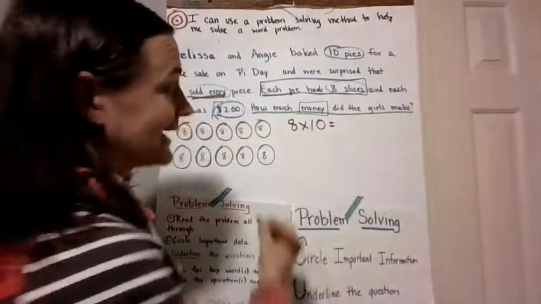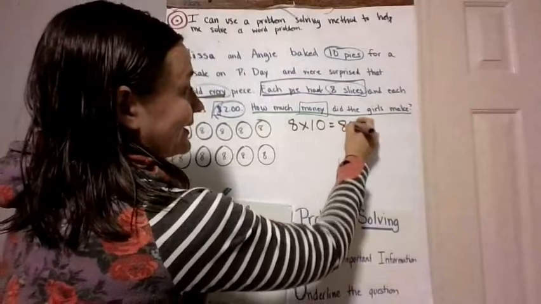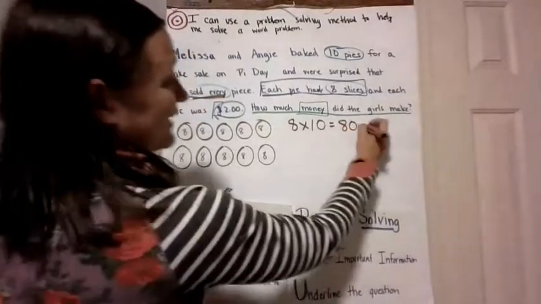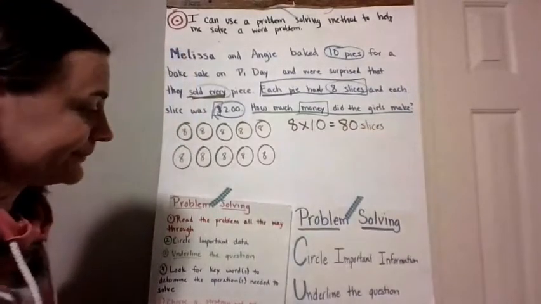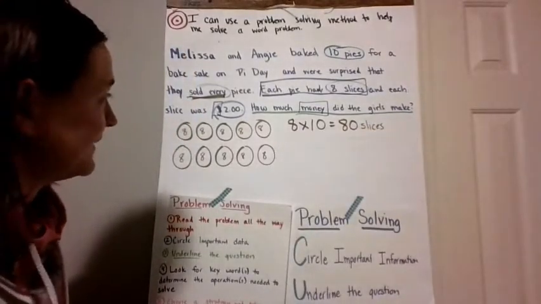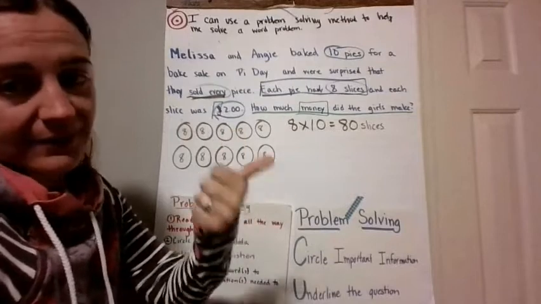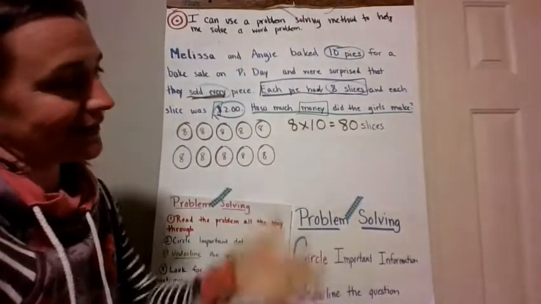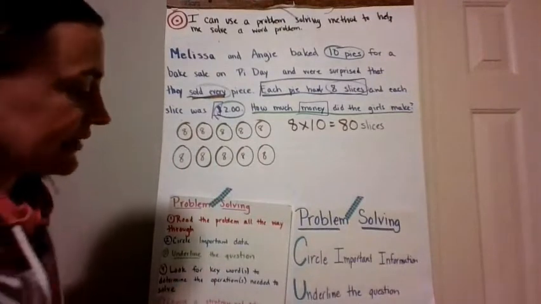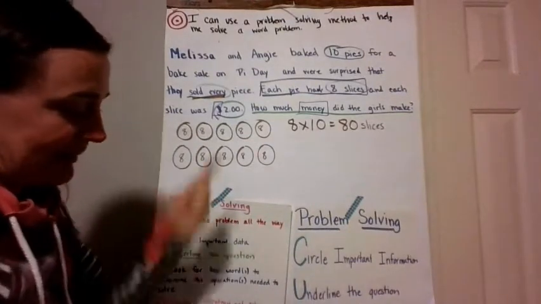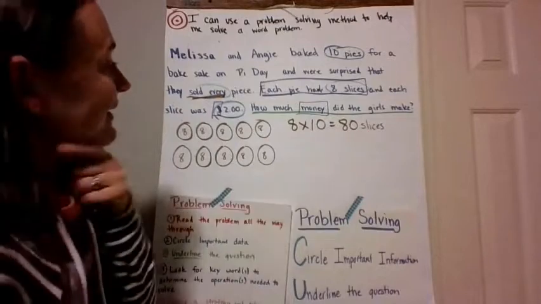And I know my 10, so I know that is 80. So far I know that they made 80 slices of pie. Okay. And I could check that by counting my 10s, 10, 20, 30, 40, 50, 60, 70, 80. 8 times 10 is 80. So I checked it with another strategy besides just my memory. So we have 80 slices.